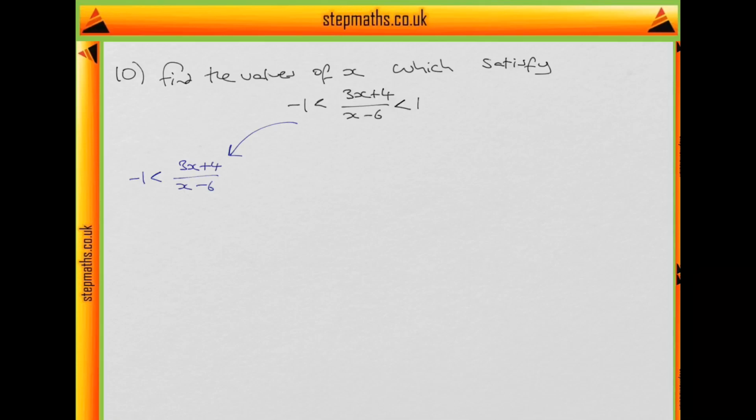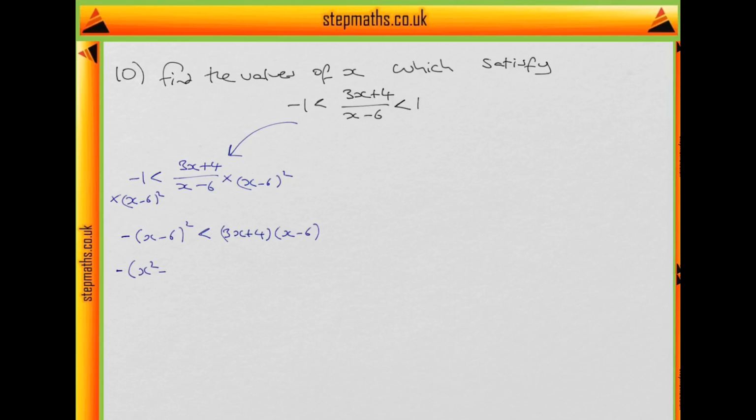As I said, we have to multiply both sides by x minus 6 all squared, as this will mean we know it's positive and therefore the sign will not change. So doing that gives us that minus (x minus 6) all squared is strictly less than (3x plus 4) multiplied by (x minus 6). So let's expand the left-hand side.